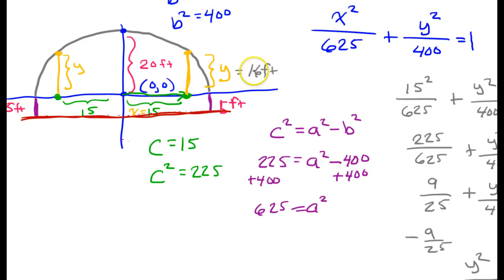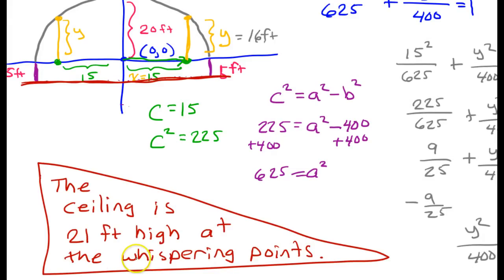So basically 16 plus 5, so 21 feet in total. I like to finish off my word problems with a nice summary statement. So the ceiling is 21 feet high at the whispering points. And again, that's 16 feet above the origin plus extra 5 feet for the walls.